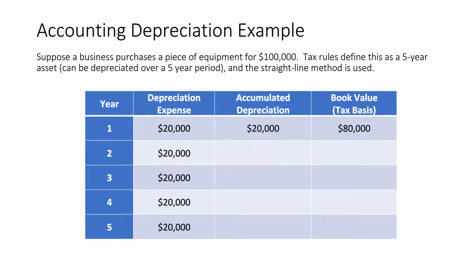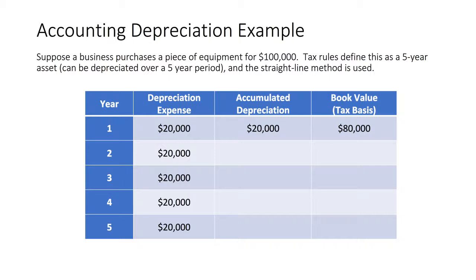So how does this affect accumulated depreciation for the asset and the book value of this asset over time? Well, first let's take a look at what happens during and at the end of year 1. So again, first year, the business owner will claim $20,000 in depreciation expense. At the end of the year, that means that for this asset, the accumulated depreciation, the total depreciation taken up until that point will be $20,000.